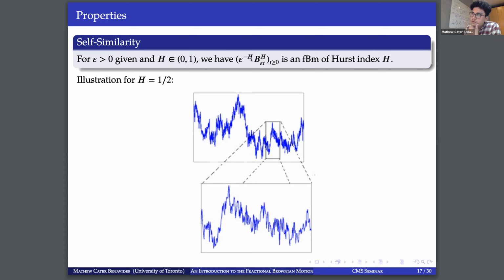But it's not an equal amount of space scaling. That's something to keep in mind. We're not saying that if you scale time and then scale space the exact same amount that you have the resulting distribution to still agree. We're saying that if you scale time in a specific way, you need to scale space in a specific but different way to retain the distribution.